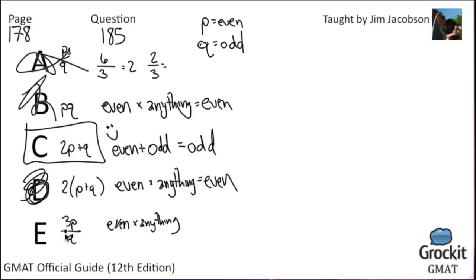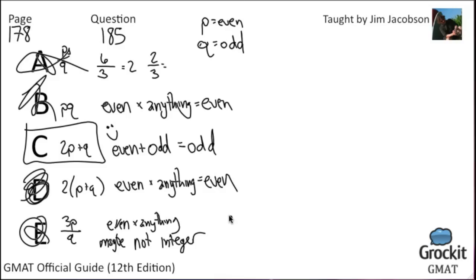It also has the possibility of not even being an integer. Maybe not integer. So it's not answer choice E either. So the only one that must be odd is answer choice C, the one that looked attractive to us originally.